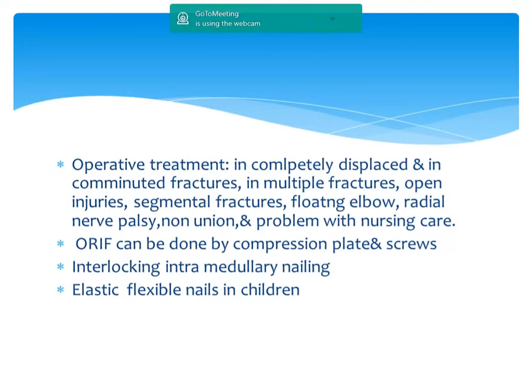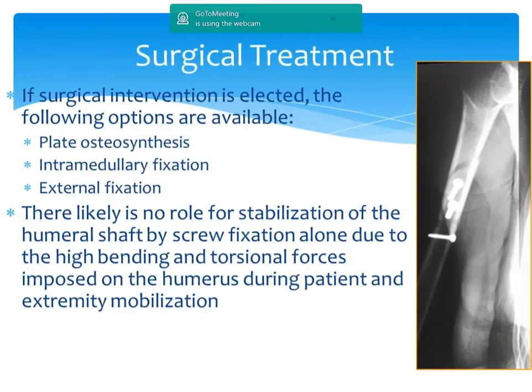It can be done by closed method. You can do it without any major blood loss and periosteal loss. And in children, especially, we use elastic flexible nails. So, surgical treatment is based mainly on plate osteosynthesis, intramedullary fixation, and external fixation.